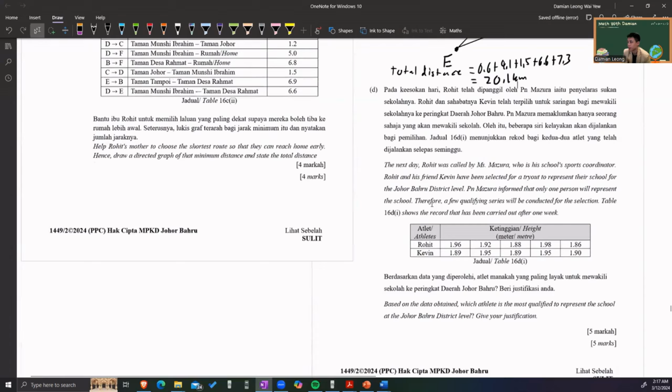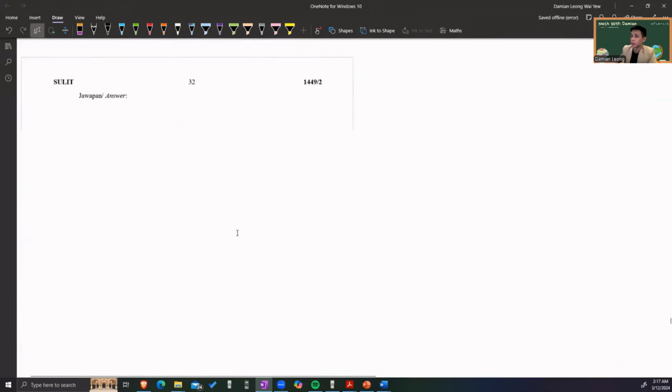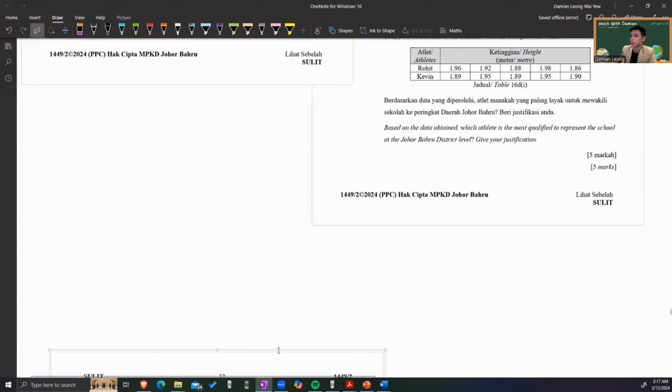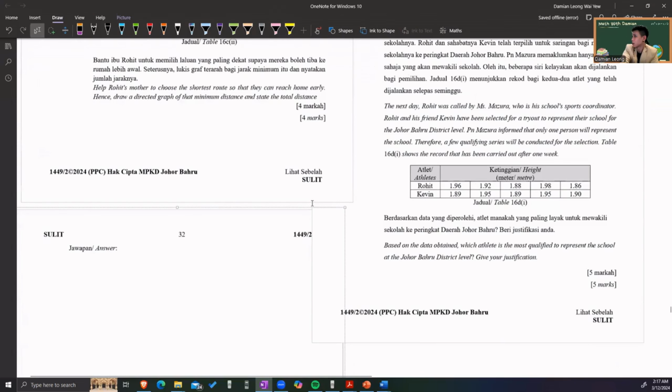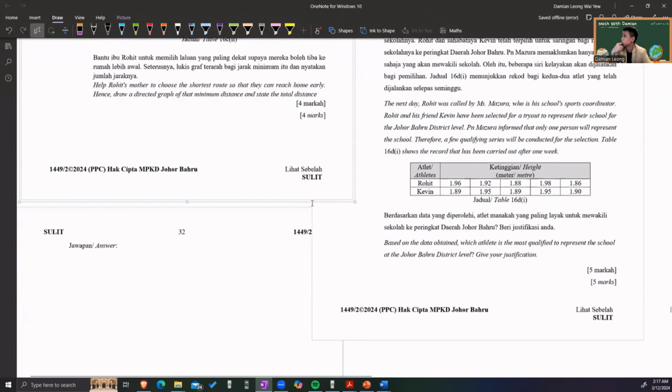Then part D. We have this set of data. Put the answer sheet up here. Rohit was called by Miss Mazura, school sports coordinator.